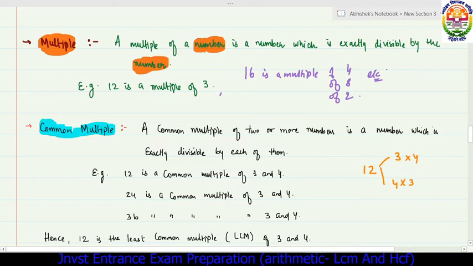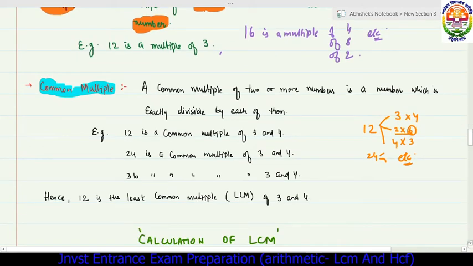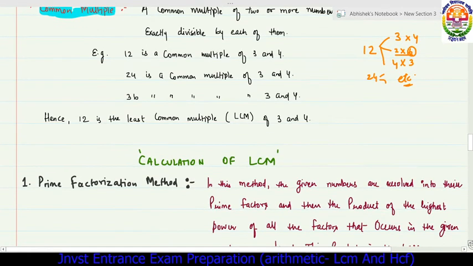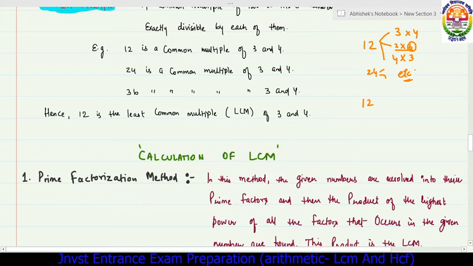In 3's table 12 comes after 4 times and in 4's table it comes after 3 times. 24 is a common multiple of 3 and 4 also. There are some more common multiples: 12, 24 and 36 are common multiples of 3 and 4.